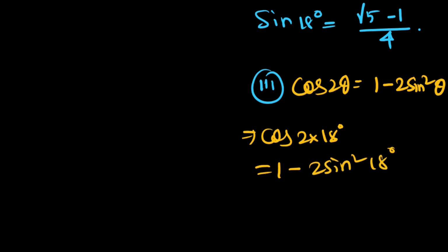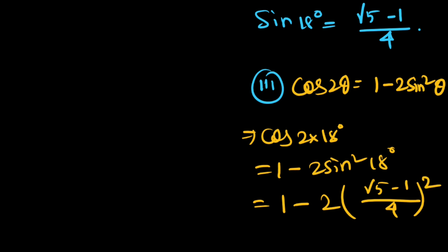So put the value of sine 18 here, and we will easily get cos of 36. That is 1 minus 2 times sine value, root under 5 minus 1 by 4 whole square, is equal to 1 minus 2 times, that is 5 plus 1 minus 2 root under 5 over 16.